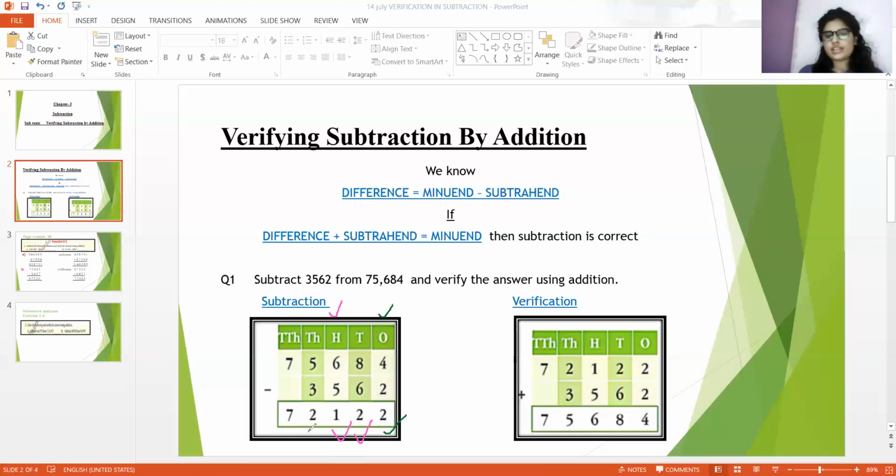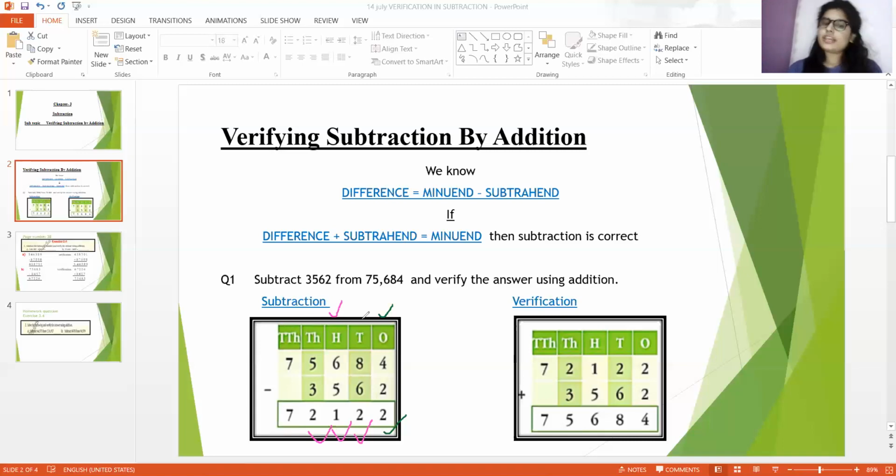So I will write 2 here. At the 10,000 place, I have only 7, so I will write 7 here. So after subtracting 3,562 from 75,684, I get 72,122.